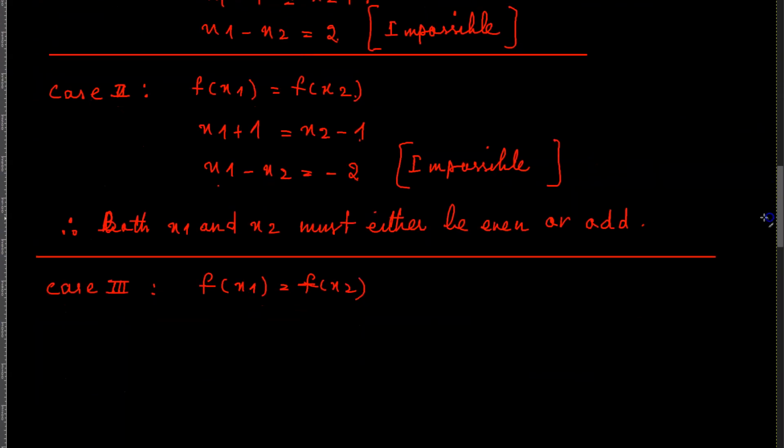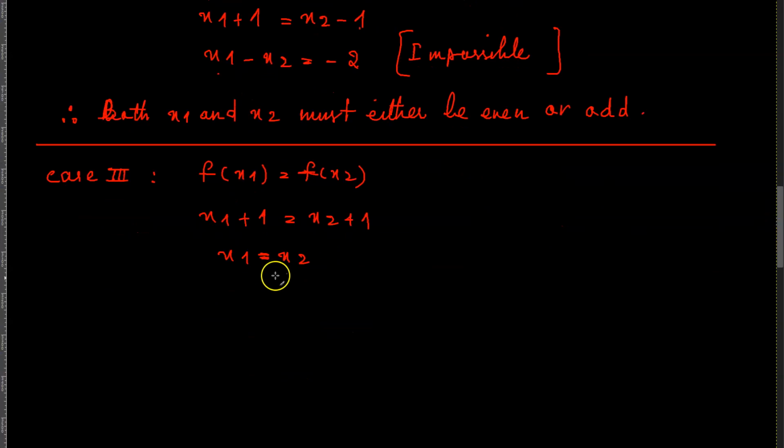So x1 plus 1 is equal to x2 plus 1, which means that x1 is equal to x2. Here I'm assuming that f of x1 is equal to f of x2, and here we are saying that x1 is equal to x2, right? Which means that f is 1, 1.